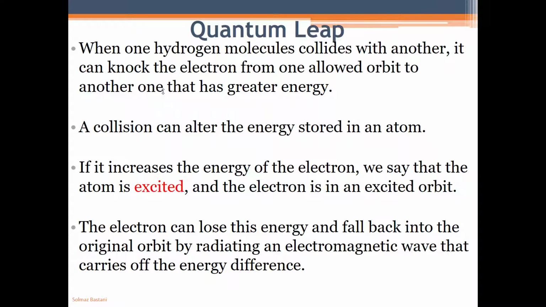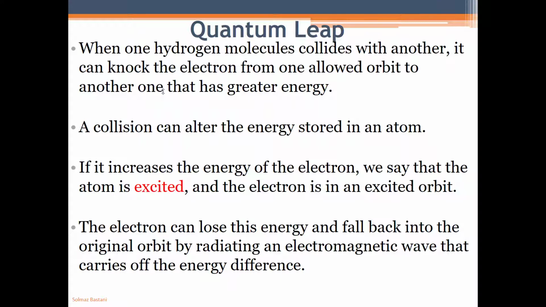Now, if this collision increases the energy of the electron, we say that the atom is excited, because the electron becomes more energetic, or the electron is in an excited orbit. The electron in an excited orbit can lose this energy and fall back into the original orbit by emitting an electromagnetic wave that carries off the energy difference.